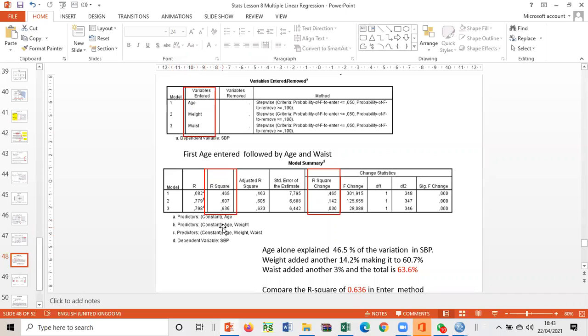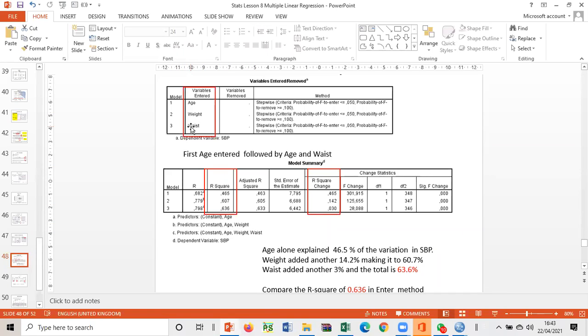Model 2, age and weight. Model 3, age, weight, and waist. So step by step, first the variable age went in. Next step, weight went in. Next step, waist goes in and stops.